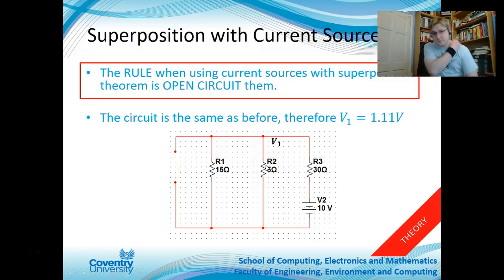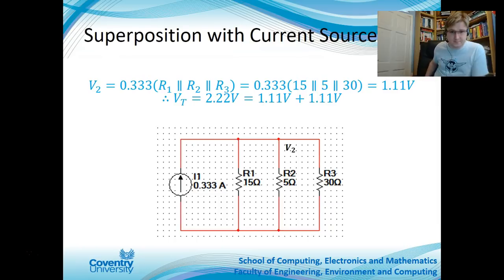So the circuit is the same as before, so the contribution of V1 is equal to 1.11. And that is the solution that you did before from the exercise. So I'm not going to tell you that now. I'll go through that in the actual face-to-face session.